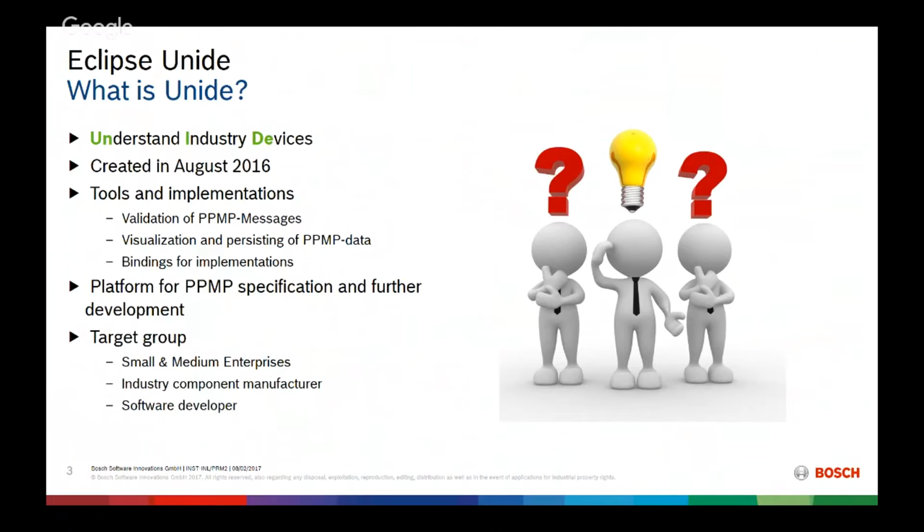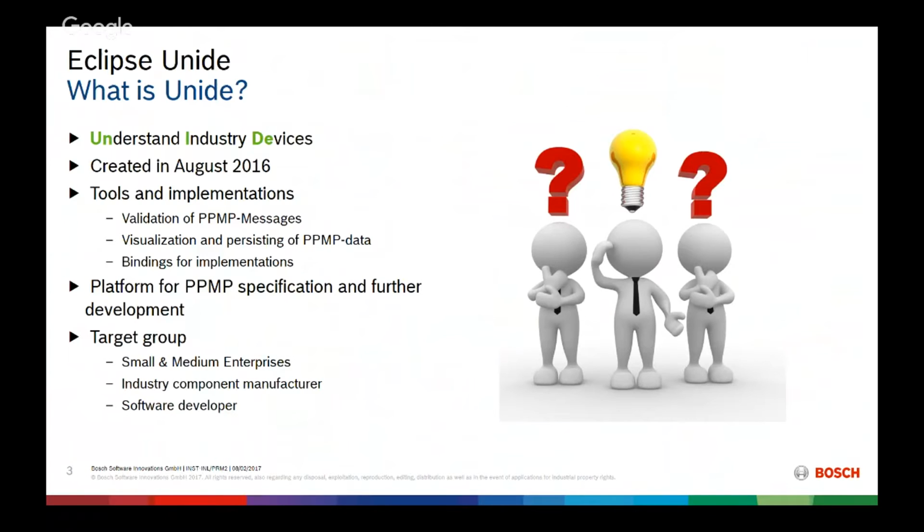And also we want to enable industry component manufacturers, for instance, sensor manufacturers, to implement the production performance management protocol in their components, so that they can natively speak this specification and be understood by different IoT software.